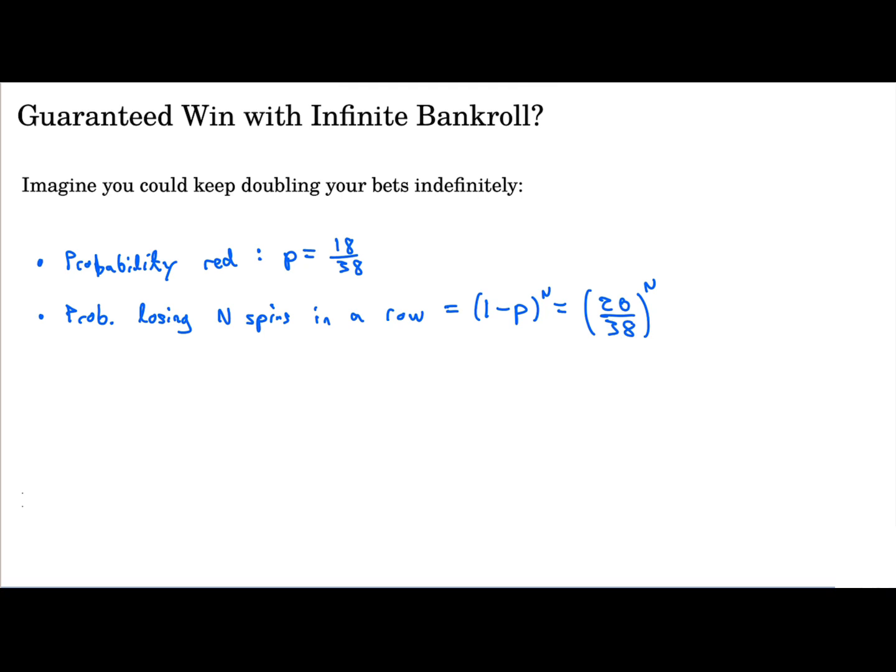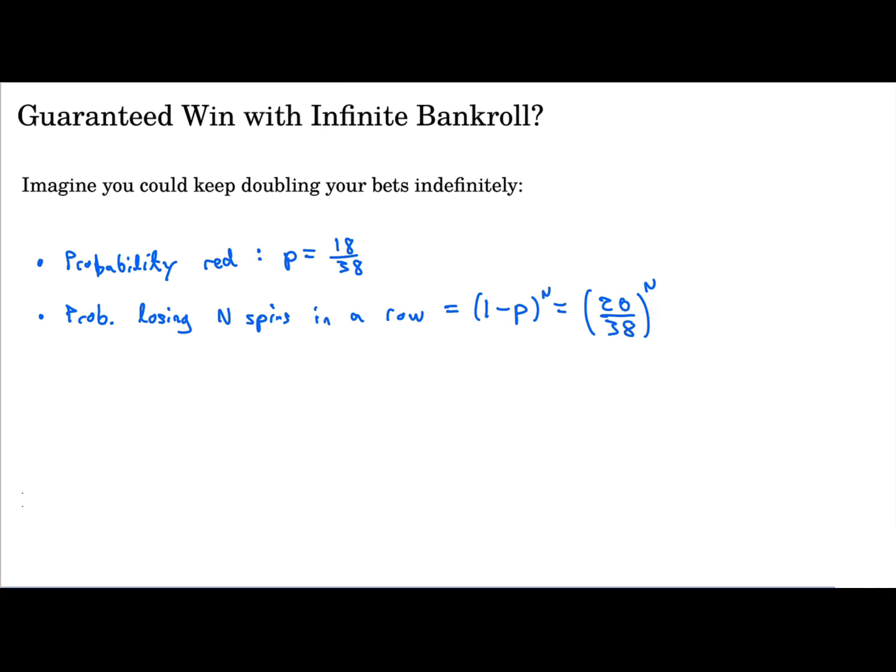Each time you need to lose. If the probability of winning is 18 over 38, then the probability of losing is 20 over 38. And the probability of losing n times in a row is this happening 20 over 38 times 20 over 38 times 20 over 38 and so on.